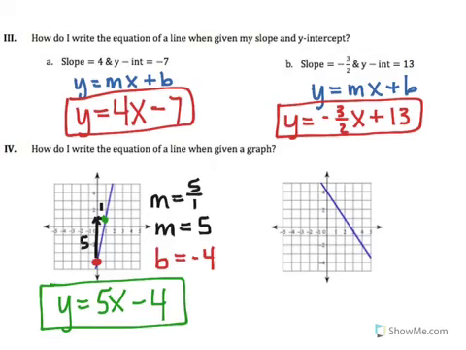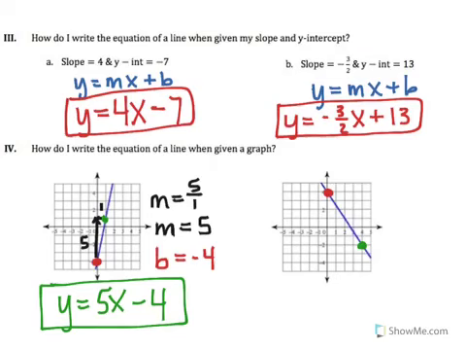Okay, so let's try another example. Here we have a y-intercept at 4 on the y-axis, and I want to pick another point that is easy for me to see. So I can pick (4, -2). Be careful when you pick points. Make sure that they cross the green line. The first thing we want to do is find the slope.